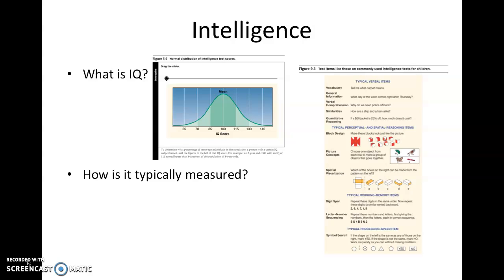Certainly, there are other ways that IQ has been theorized, ways to think about what IQ should represent or could represent, Sternberg being one of these alternative theories. Sternberg has a triarchic theory of intelligence, and there's more information about that in the videos as well as the text.